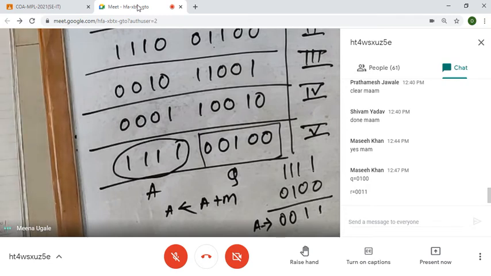Check the last step of the flowchart, after your 5th cycle.